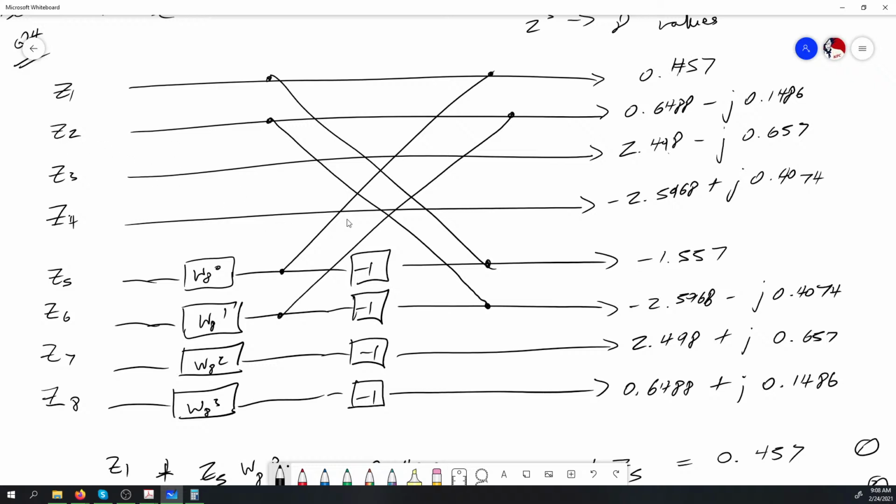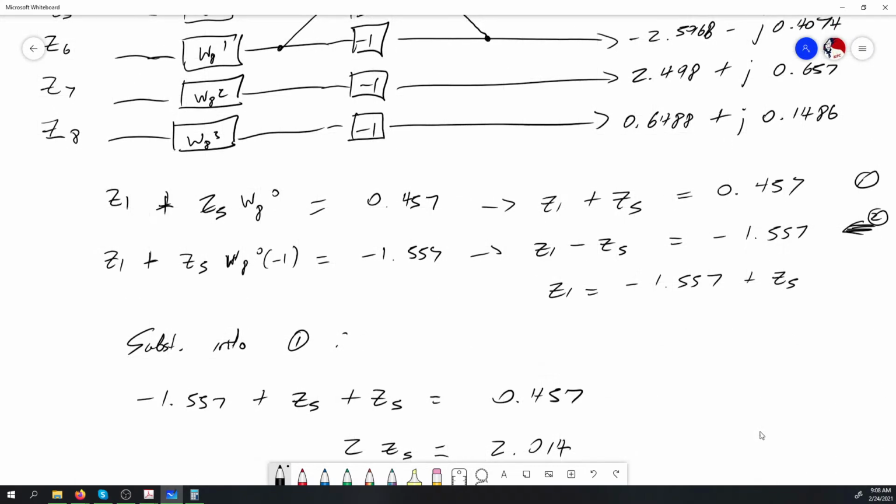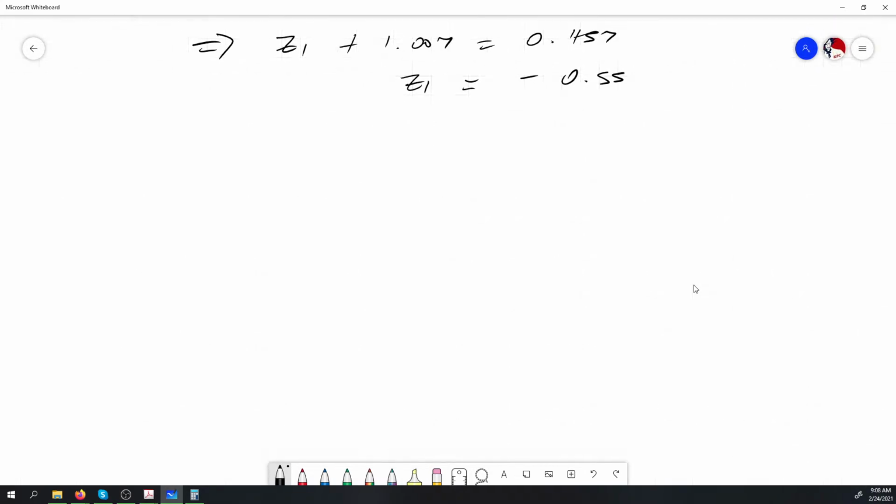We just basically repeat the process as we keep going. In this case, this is going to be Z2 plus Z6 W8 of 1 is equal to this complex value here, 0.6488 minus j0.1486. And then we have Z2 going down here, plus Z6 W8 of 1 by -1 is equal to minus 2.5968 minus j0.4074. So we basically just keep on doing a series of simultaneous equations to solve.